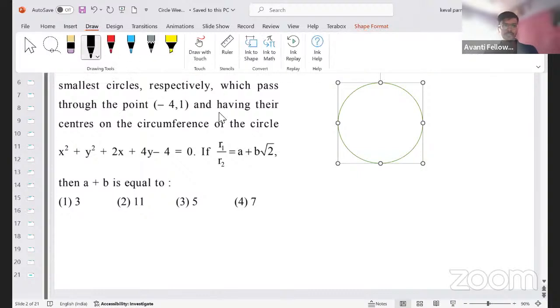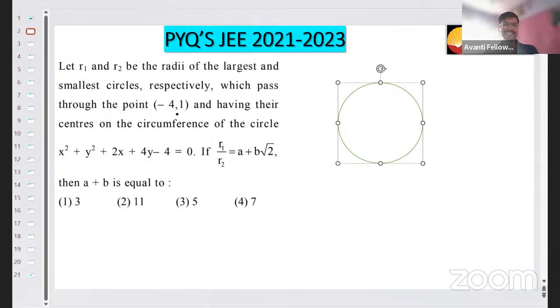Yes, this circle is this one. What is its center? The center of this circle, as we can see, is (-1, -2). Correct? The center is (-1, -2). So this is that circle.